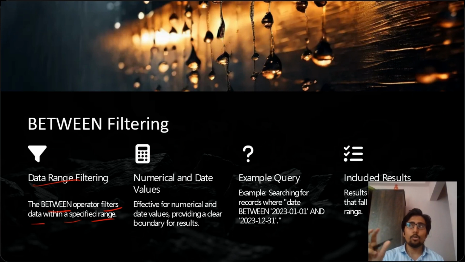Say you want to find your expenses from Jan to March, how much you have spent till now. So you can use the BETWEEN operator, right? If the record is in the database, you will get the records automatically. The example they have given over here is searching for the records where date is between 21st Jan 2023 to 31st December 2023. In 1 year, however many records there are, it will return everything. So this is how you can use the BETWEEN operator.